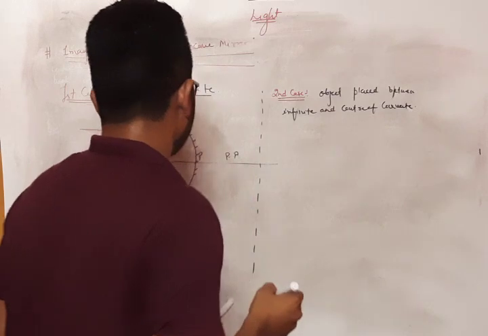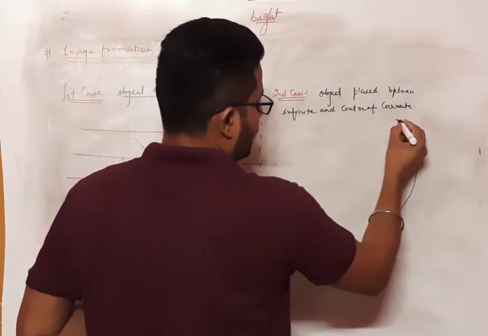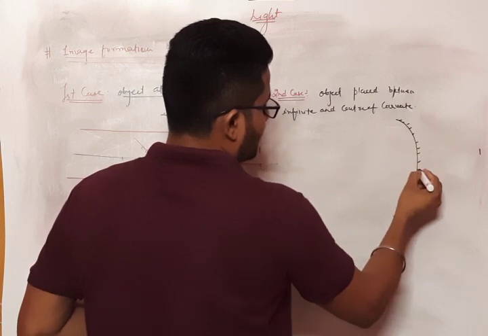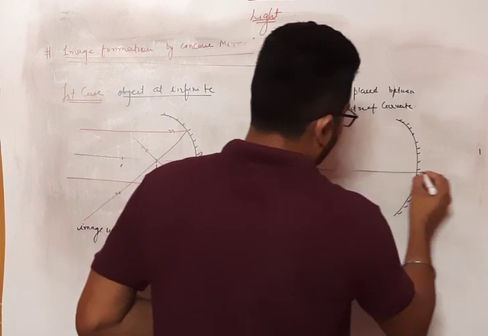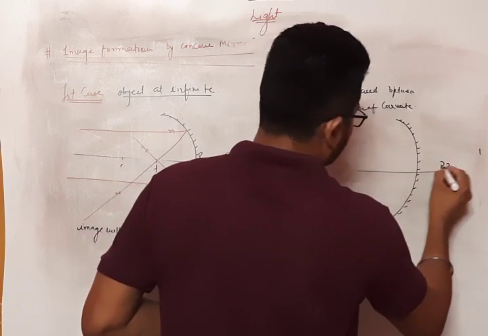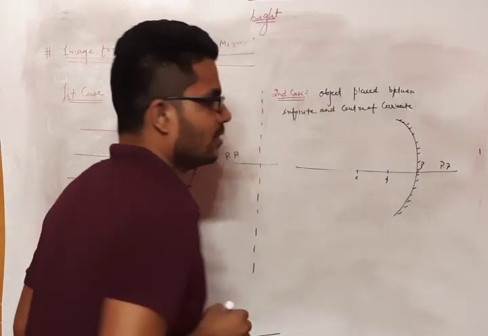What is the image seen? Okay beta. So first of all, draw a concave mirror. This is the principal axis, this is the pole, this is the focus, this is the center of curvature.